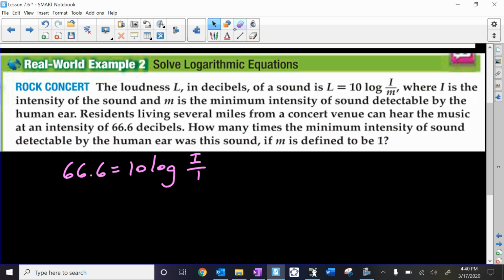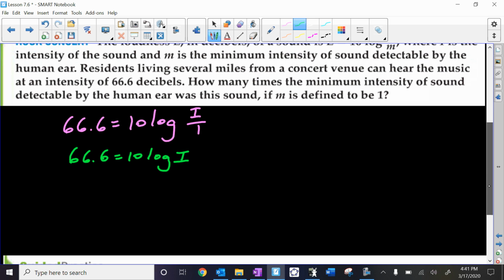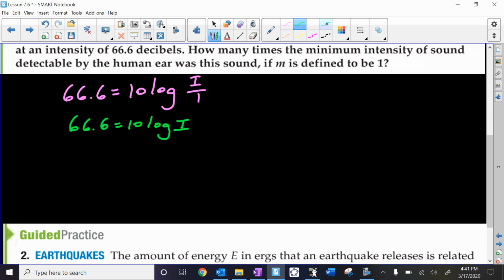Well, shouldn't be bad. I over 1 is just I. So we have 66.6 equals 10 log of I. I want to get the log by itself, so we're going to divide both sides by 10, leaving us with 6.66 equals log of I. And then finally, our favorite property is to convert it to exponential.